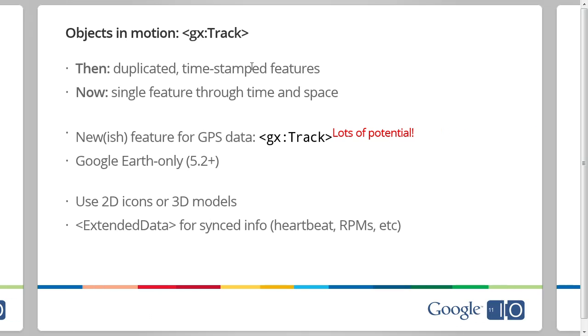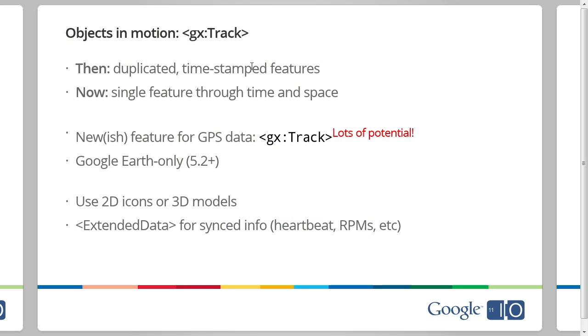The way this used to be done is people would basically take a bunch of placemarks or a bunch of lines, they'd put a timestamp or a time span feature on it, and you'd play with the time slider, and you're essentially duplicating this same object over and over again to animate it. Now we have a single placemark, a single feature through time and space. It's the GX tag we'll show in a second. This currently only works in Google Earth 5.2.